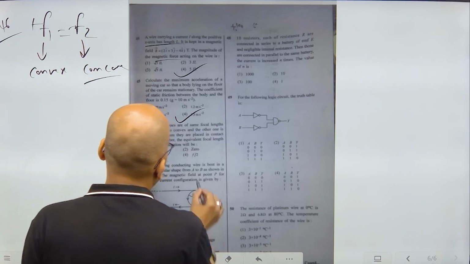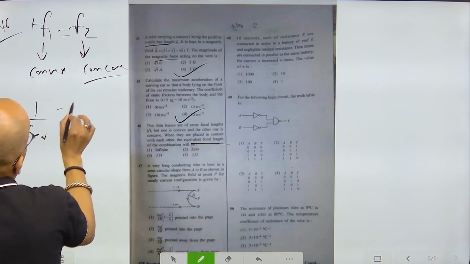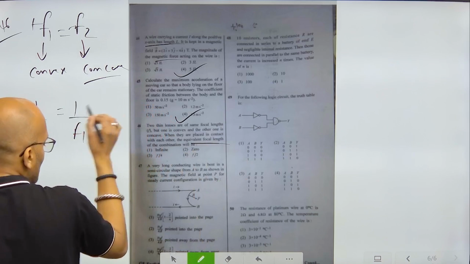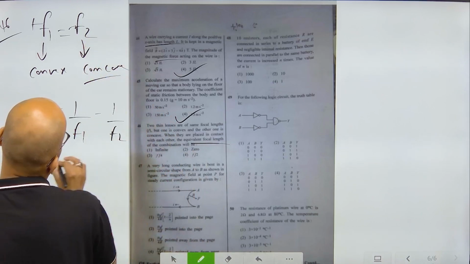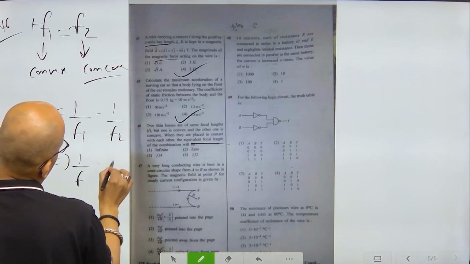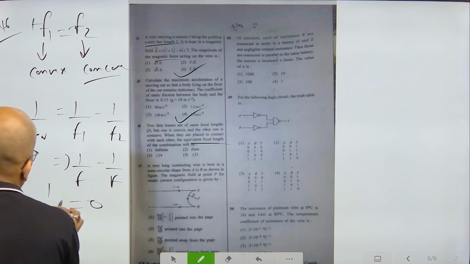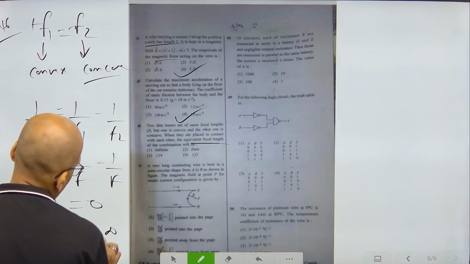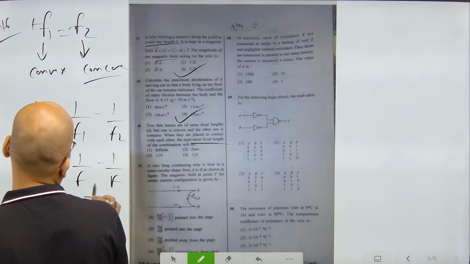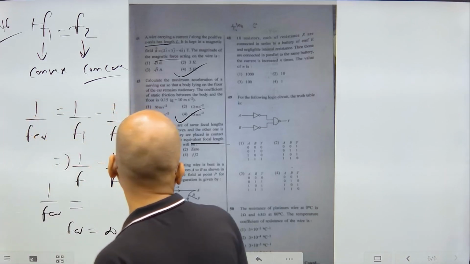Calculate the equivalent focal length. 1 upon f equivalent is equal to 1 upon f1 plus 1 upon f2, but f2 is negative, so minus 1 upon f2. Focal length is same, so 1 upon f minus 1 upon f will be 0. So 1 upon f equivalent is 0, so f equivalent will be infinite. 1 upon 0 is infinite. Yes or no? Infinite.